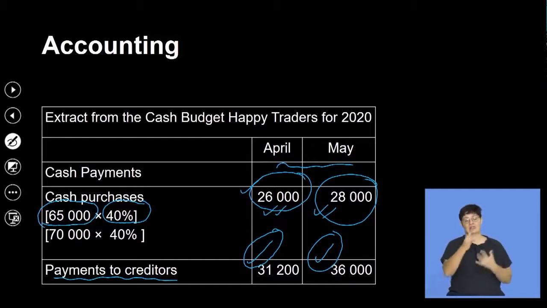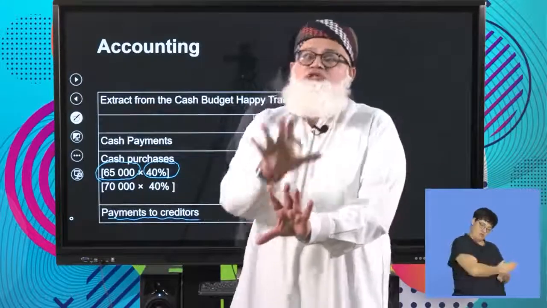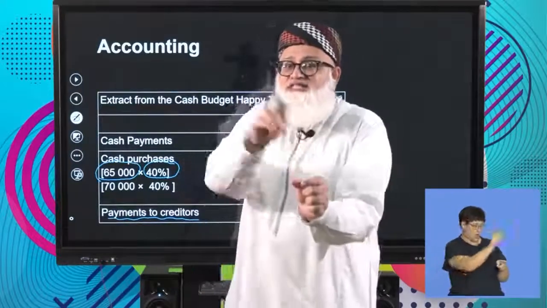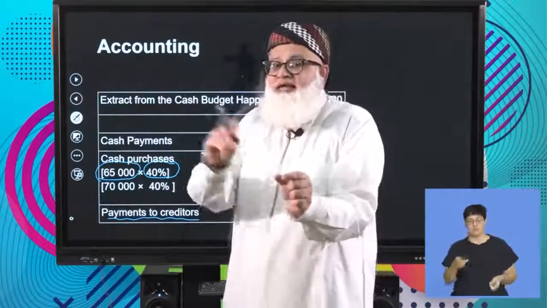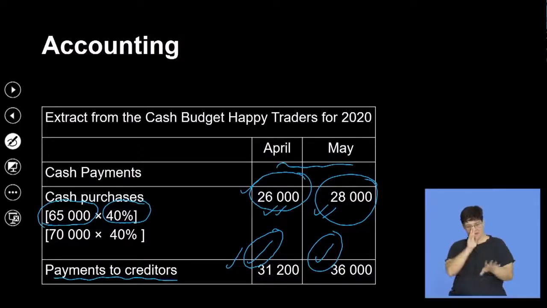However, your payments to your creditors are figures that you are getting from something that you've done already. Remember, you've already drawn up the creditors payment schedule. And because you've drawn it up, you're just going to take those figures and transfer them into the main budget. As you can clearly see, the 31,200 and the 36,000 are amounts that you've already calculated.